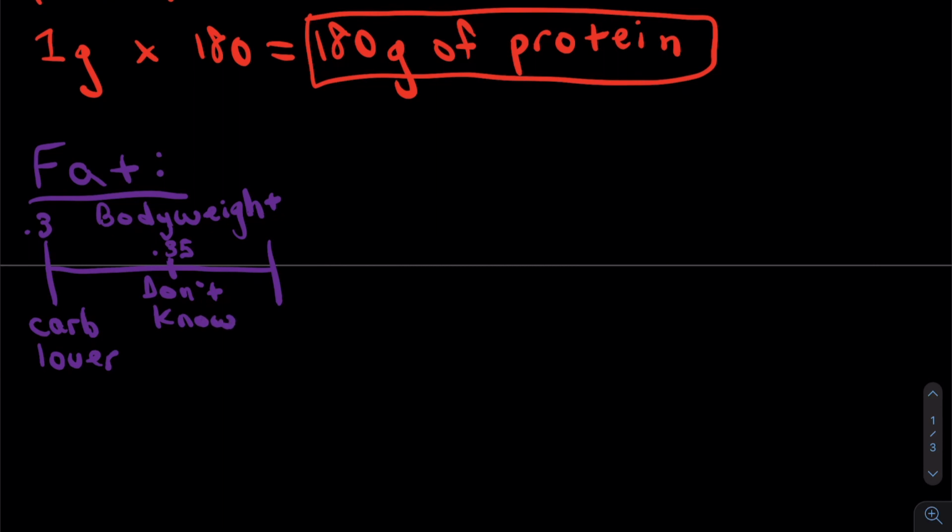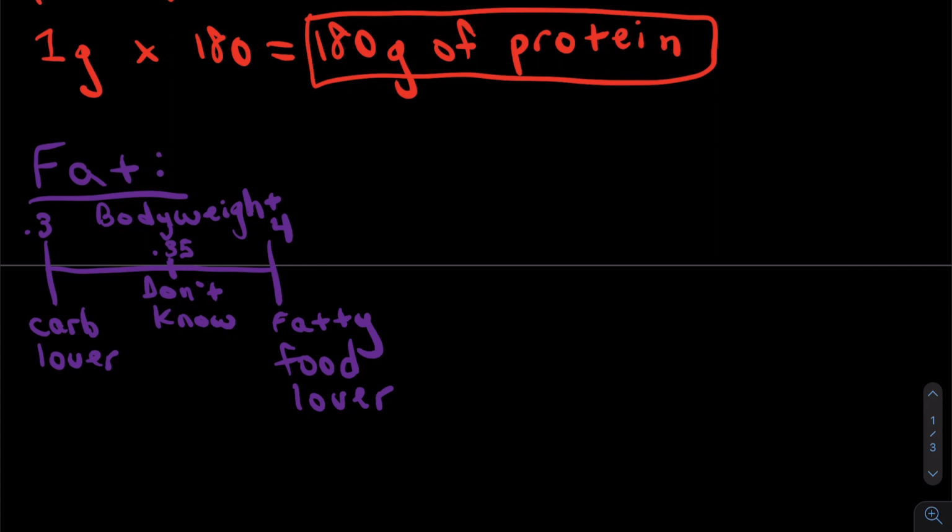And then to the right here where you see a 4, that is basically anyone that loves fatty foods such as peanut butter, avocados, things of that sort. This is generally where I would place them. So fatty food lover. So this is basically where you can place yourself, either 0.3, 0.35, and 4.